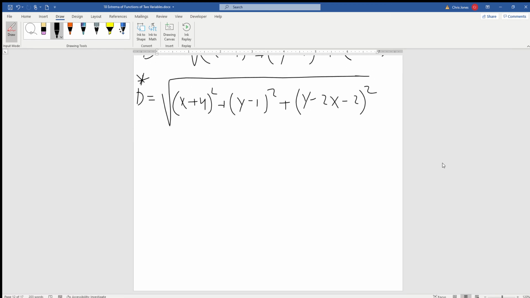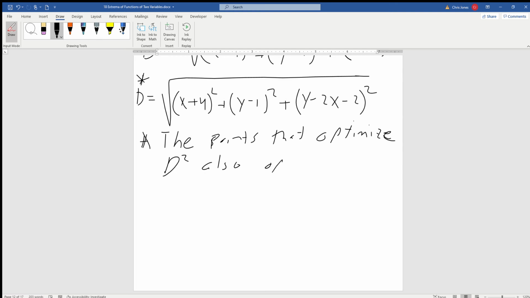To ease that on us, what we can do is consider the square of the distance. And justify to yourself that the points that optimize the square of the distance, in other words, that optimize d squared, also optimize d.